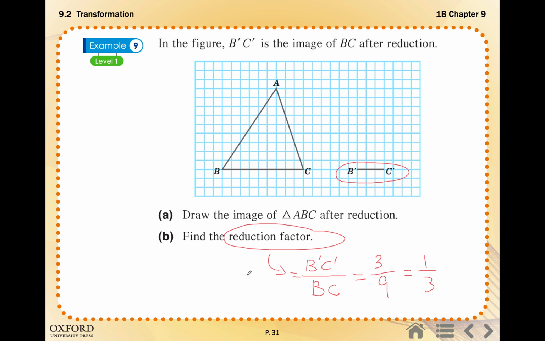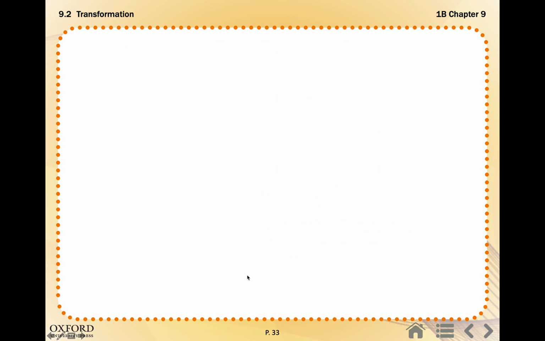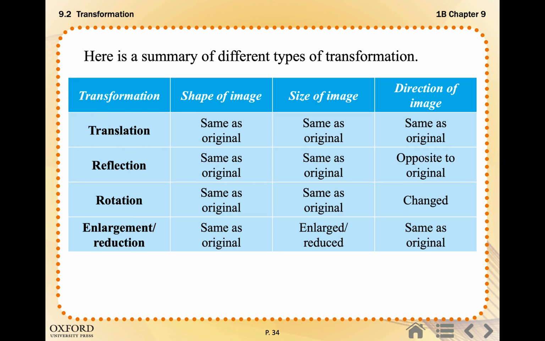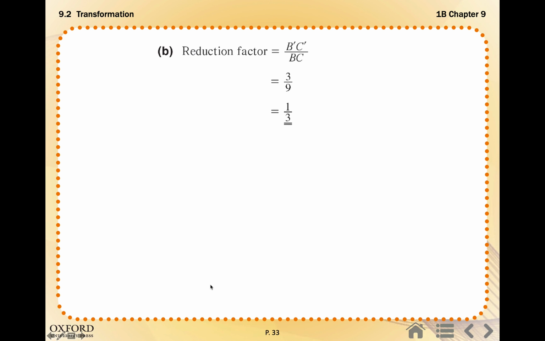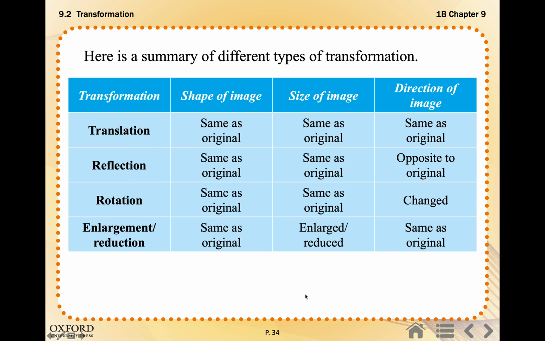Okay. And lastly, here you will find the summary about these 4 types of transformation. Okay, so for this part, after reading this PowerPoint and the video, I think you can finish the worksheet.